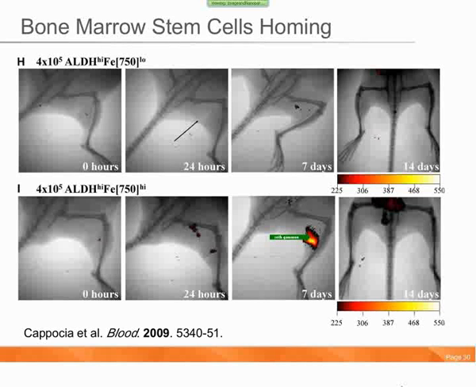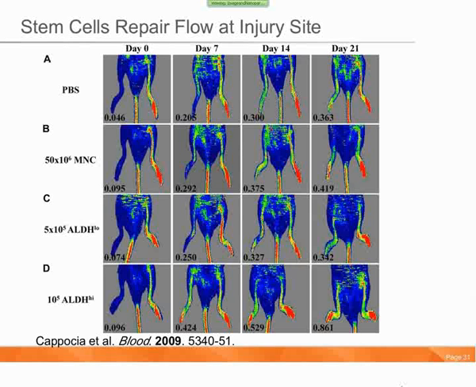However, in the animals that have been injected with stem cells that have been enhanced for their stemness, they were able to quite nicely by day 7 completely have their flow restored, which corresponds nicely to what we saw in the imaging experiment, which is that the cells were trafficking there for 24 hours, and by 7 days really had filled up the site.